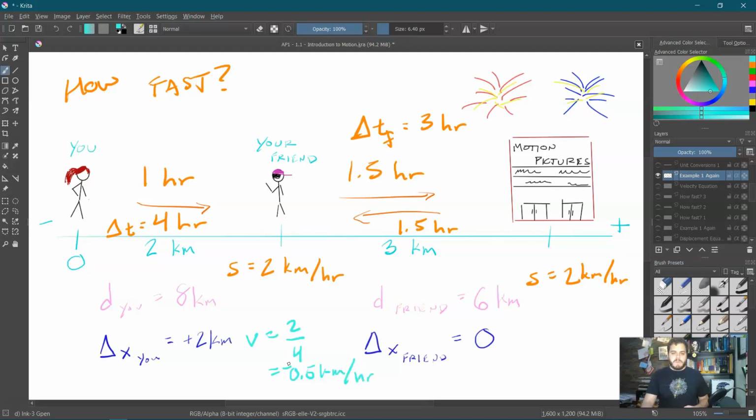And if I want to, I can put a positive, because it has to have a direction, but we just know it's positive if we don't put a negative on it. By the way, that is a 5. I know it kind of looks like a 6. And your friend went 0 in 3 hours, so their velocity is simply 0. That's all there is to it. Their average velocity, and we'll learn more about that later, is simply 0.